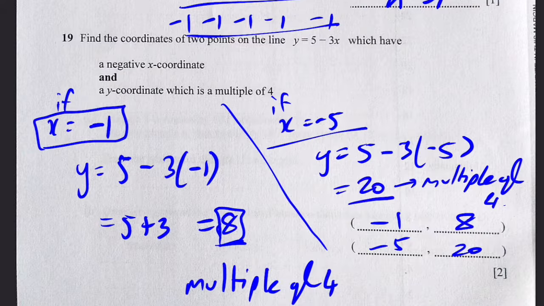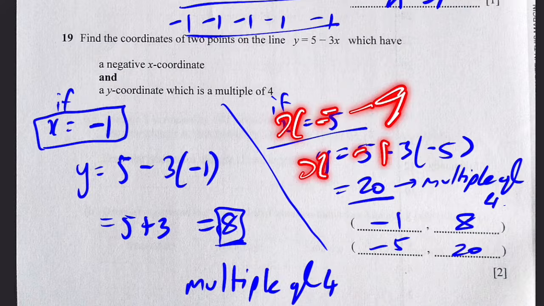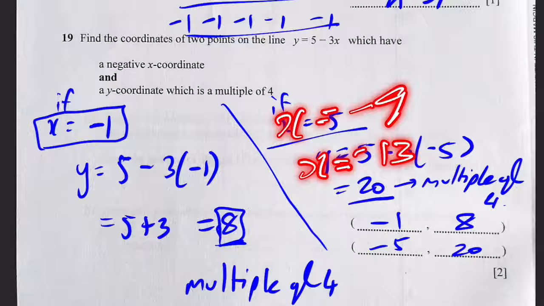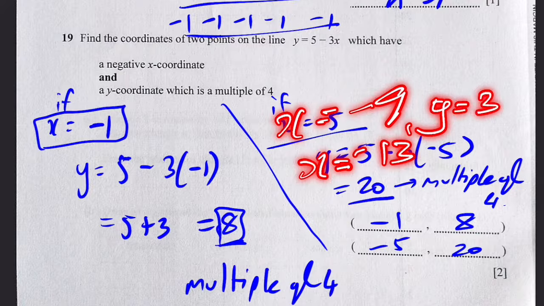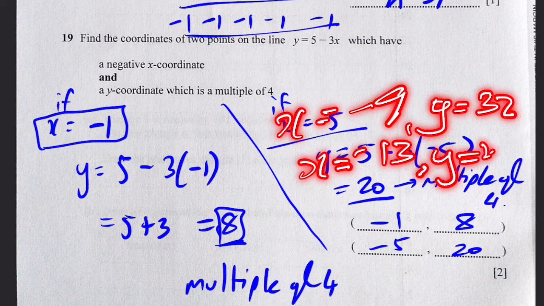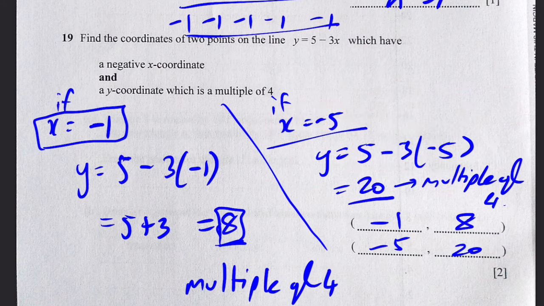And there's actually more answers. For example, x equals minus 9, x equals minus 13. And for x equals minus 9, y will be equal to 32. And for x equals minus 13, y will be equal to 44, and so on. There are actually infinite points which have these properties, but you only have to write any 2 of them. Let's go to question 20.